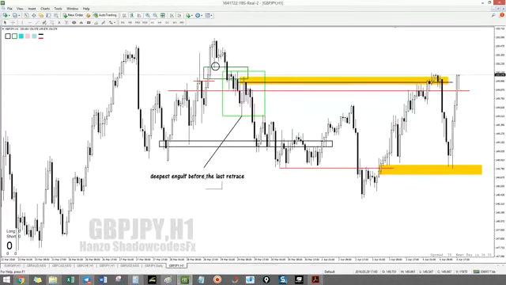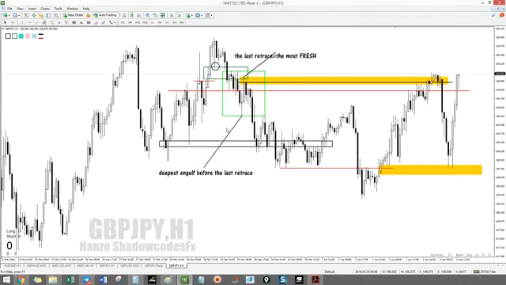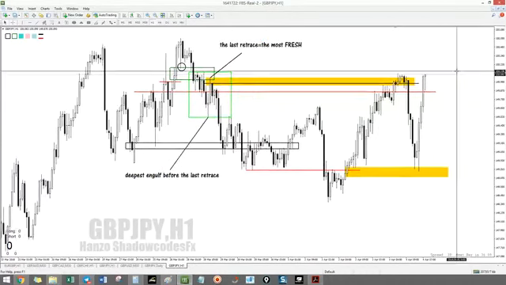This thing will get clearer, because the way you draw is actually based on the experience that you get. Okay, this is the last one, the last retrace equal to the most fresh. Okay, MPL needs to be fresh. Okay, the second time it will not work.